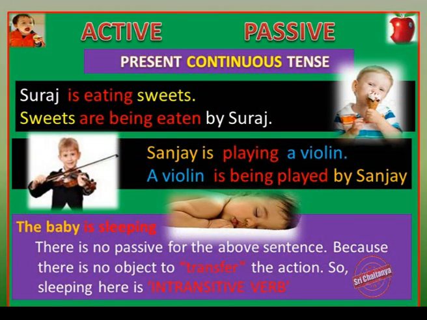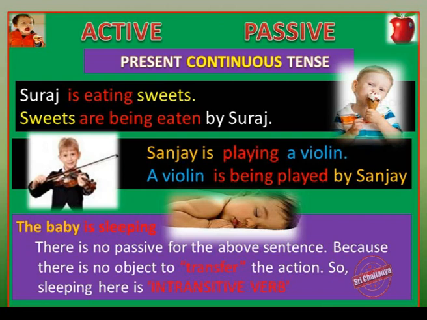Suraj is eating sweets. Passive voice: Sweets are being eaten by Suraj. Here we added being to the passive voice because the question is in continuous tense. Wherever continuous tense comes, we add being in the passive form.